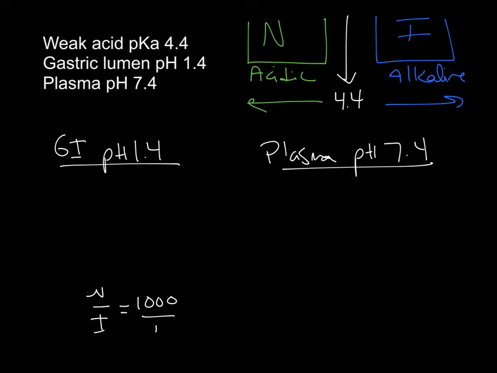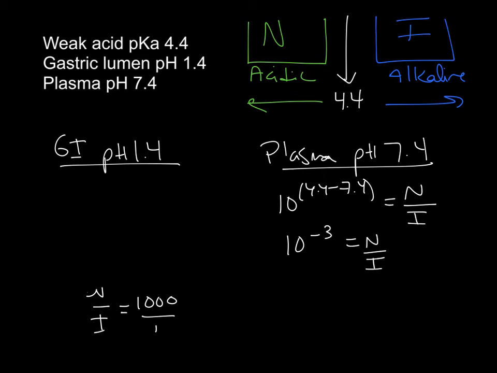Now on the other side, our other compartment, we have a plasma pH of 7.4. So 10 to the 4.4 minus 7.4 equals N over I. So in this case, 10 to the negative 3 equals N over I. And the way that I gave this in my examples is to say 0.001 over 1.